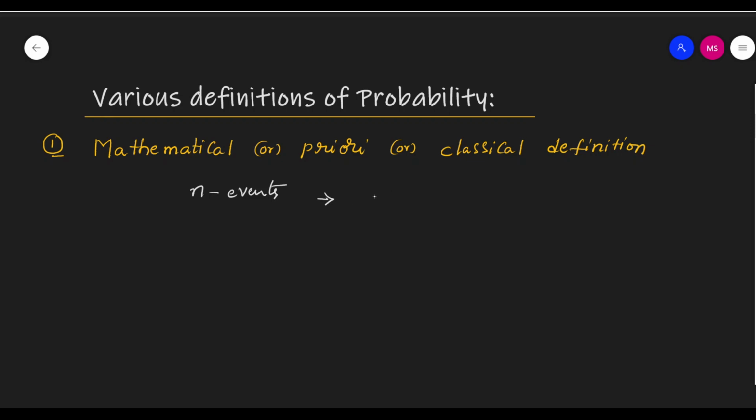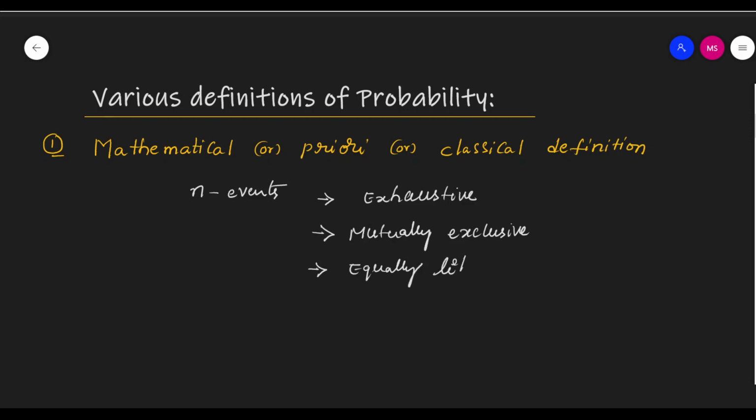The events are exhaustive, mutually exclusive, and equally likely. So if a trial is conducted, there are n events, and the events are exhaustive events.